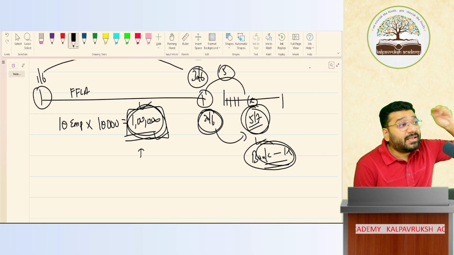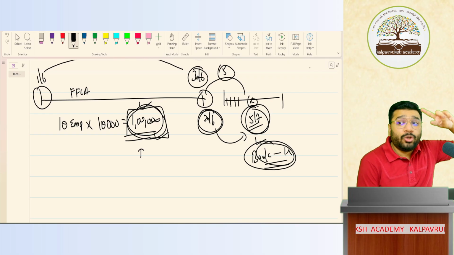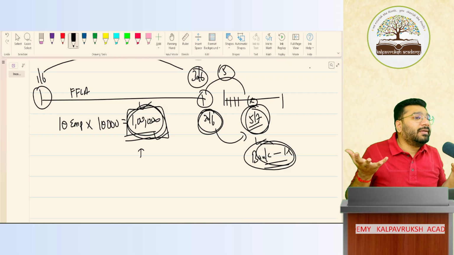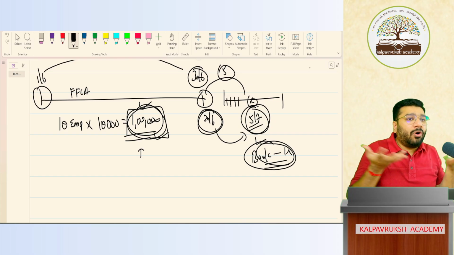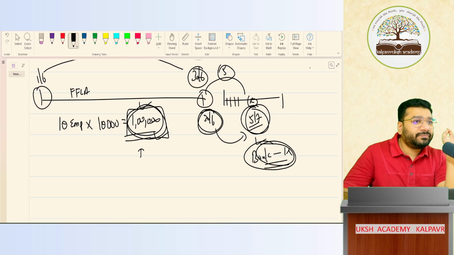When does a difference of opinion come? When your understanding is different from the other person's understanding. Now, why is the understanding different? Because the base is not clear. The rule is not clear. If the rule is clear, all of you will give me one single answer. Got it, not got it? I'll tell you right now.